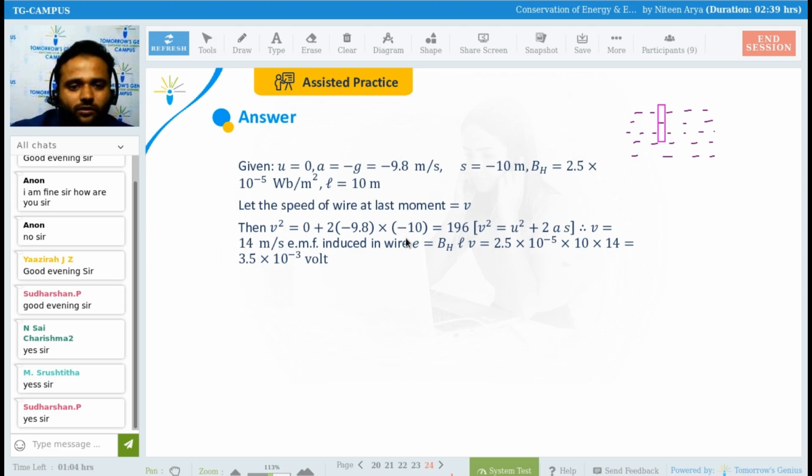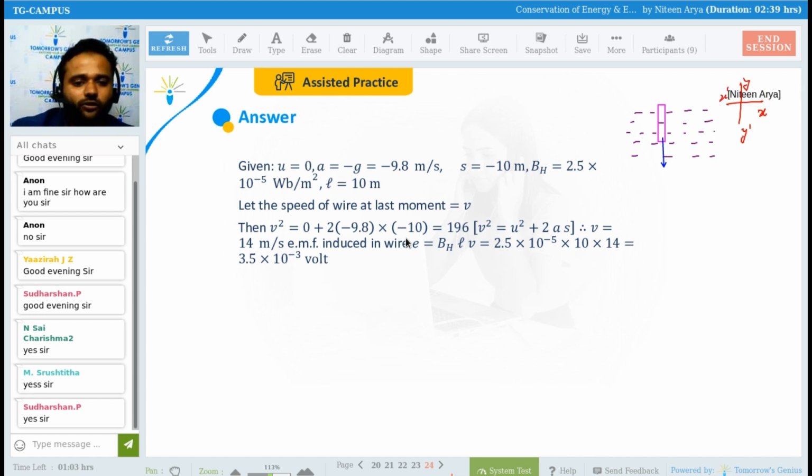Obviously free fall, so a equals g. Initially u equals 0, and s, the height from which it falls, is minus 10 meter, because everything is in the negative y direction.